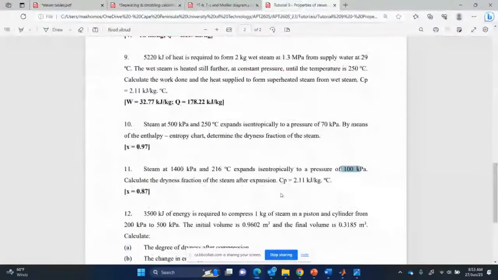T superheated is 216. Now 216, ladies and gentlemen, because this is entropy, we have to add 273, because entropy uses Kelvin, not degrees Celsius. So 216 plus 273 is 489. Now, you can see what happens if you forget to convert degrees Celsius to Kelvin, and do that on your own. But for now, T superheated is 489 after converting to Kelvin.